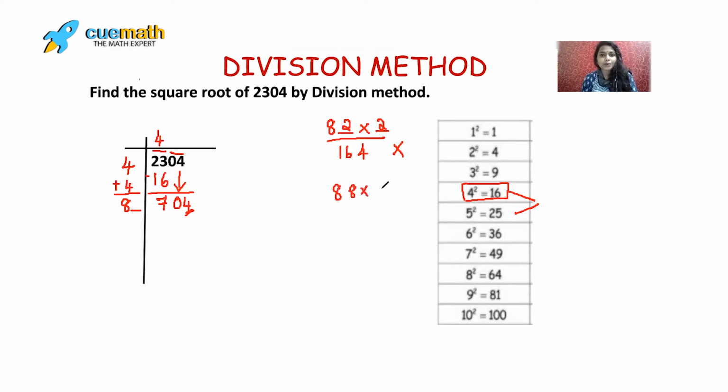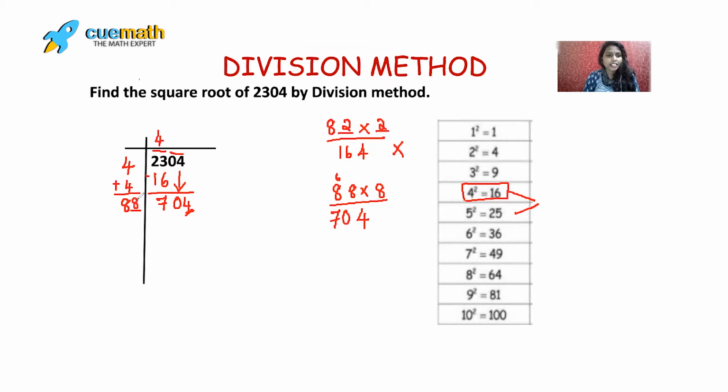So 8 times 8 also I get 4 in the units place, is it not? Yes, so 8 times 8 is 64. Then I have to add 6, right? Adding 6 I would get 704, and exactly that is what I needed.